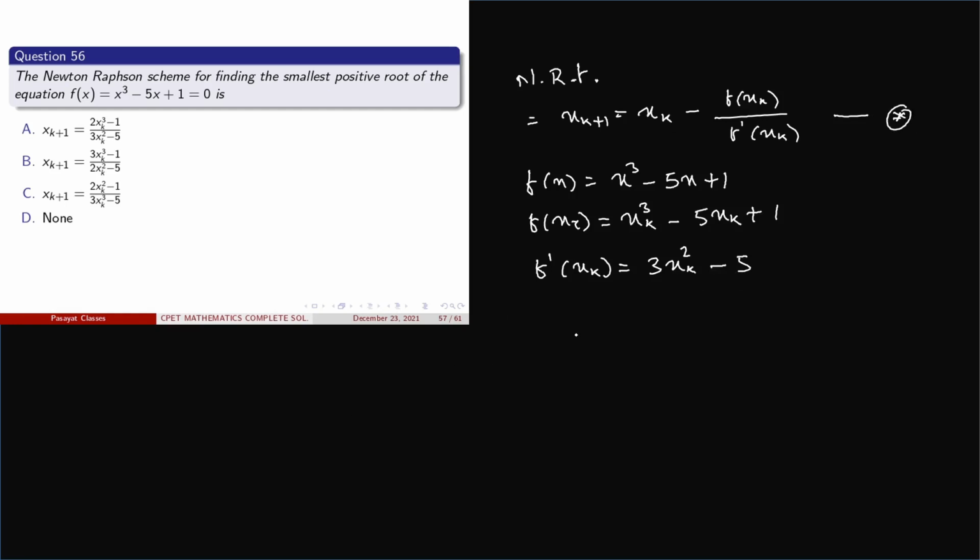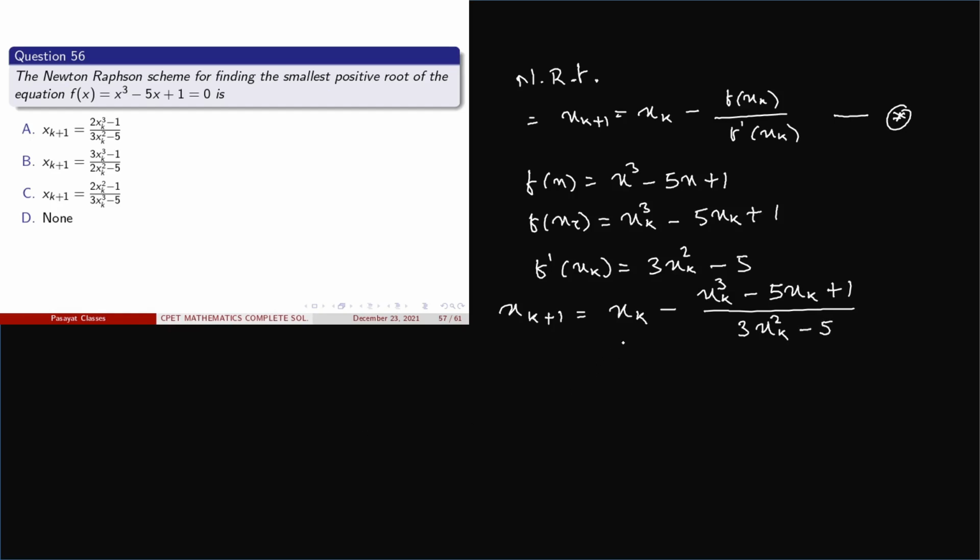So we have x k plus 1 is equal to x k minus f of x k. So what is the value of f of x k? This one is x k cube minus 5 x k plus 1 whole divided by f dash of x k, so 3 x k square minus 5.